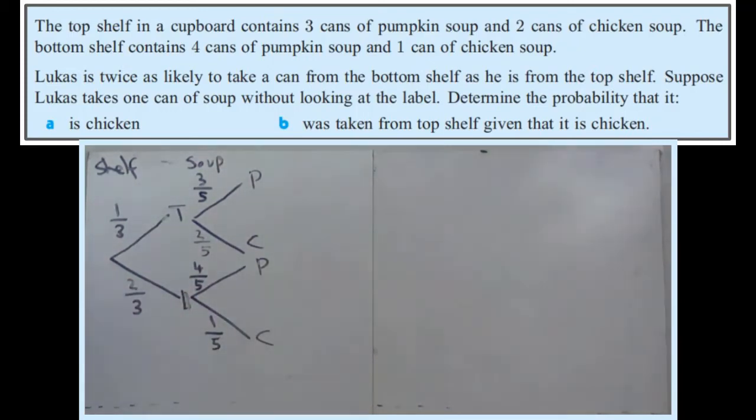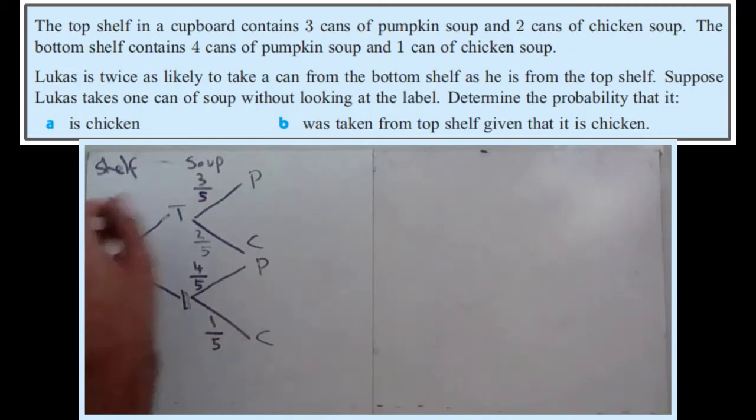Okay, now I'm just sort of drained from the IGCSE. I try and hammer it into them as much as possible, especially a little tree like this: multiply at the end of a tree. So the probability of getting top shelf and pumpkin, you multiply these probabilities. It's the AND rule.